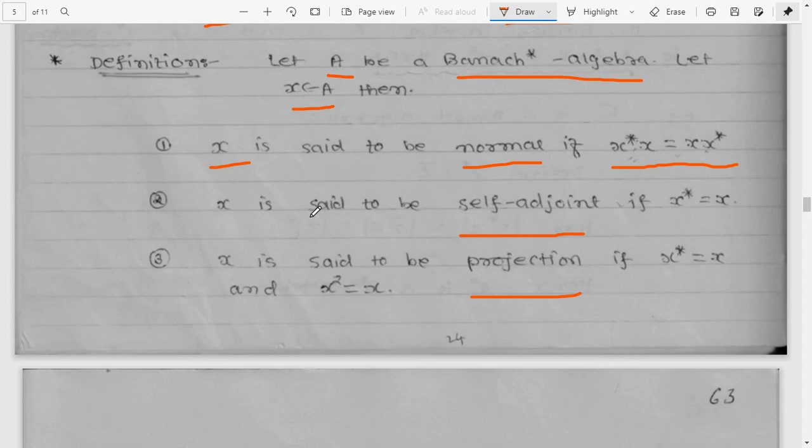Second definition, self-adjoint: x is said to be self-adjoint if x star is equal to x, and x is said to be a projection if x star is equal to x and x square is equal to x.